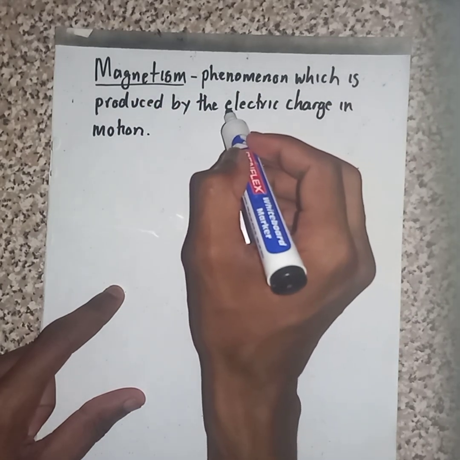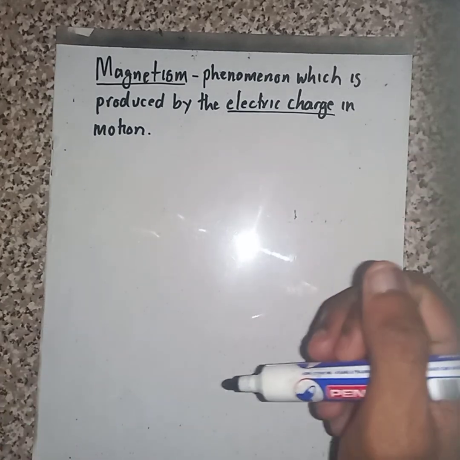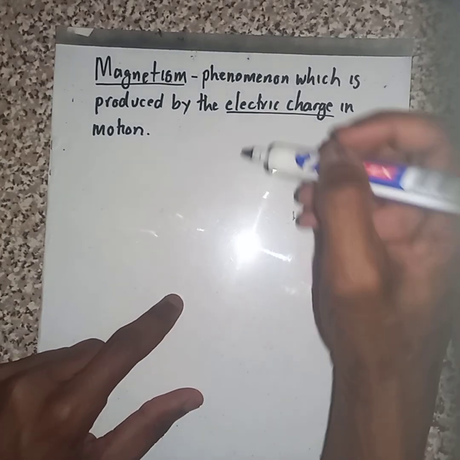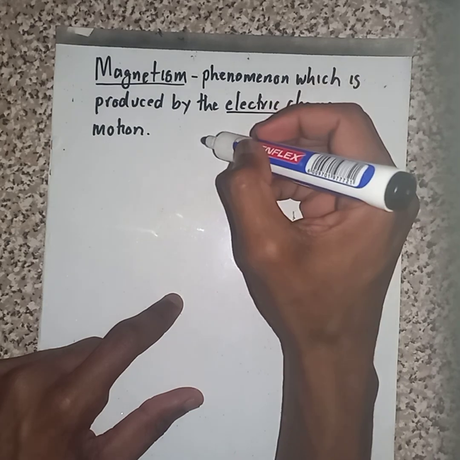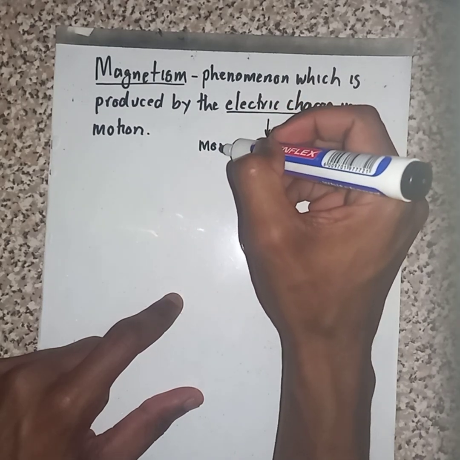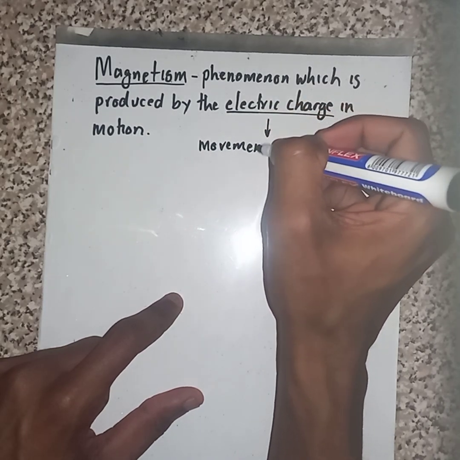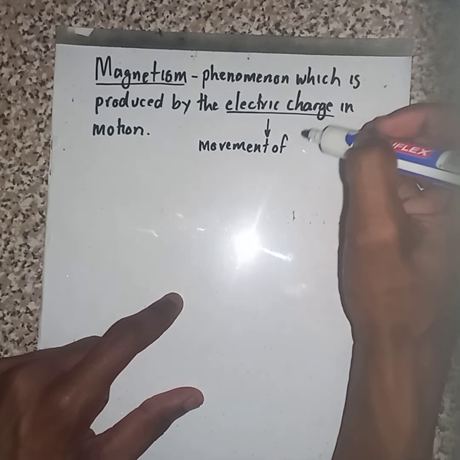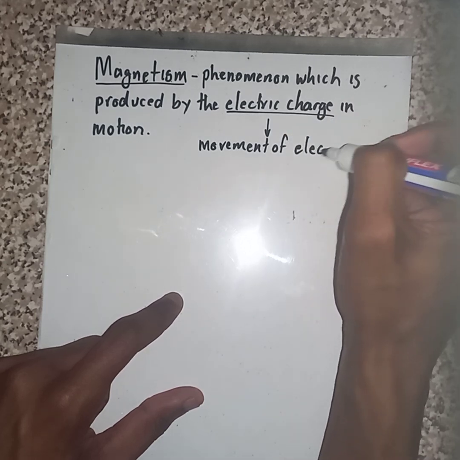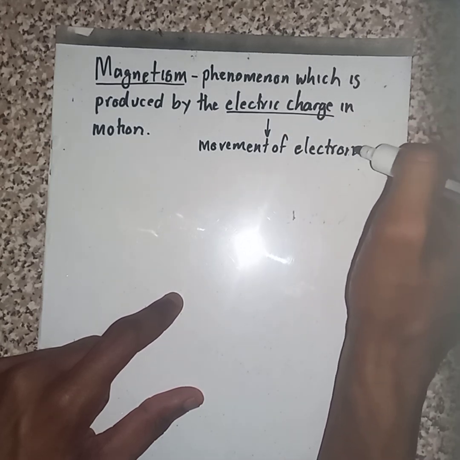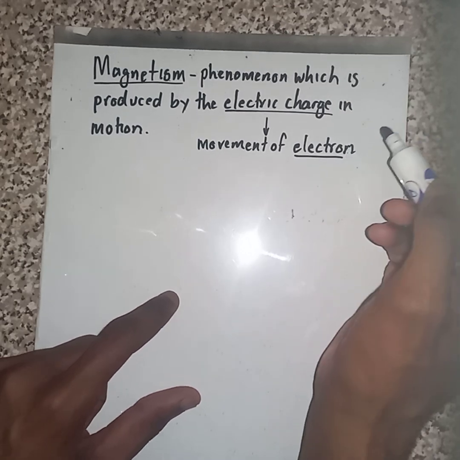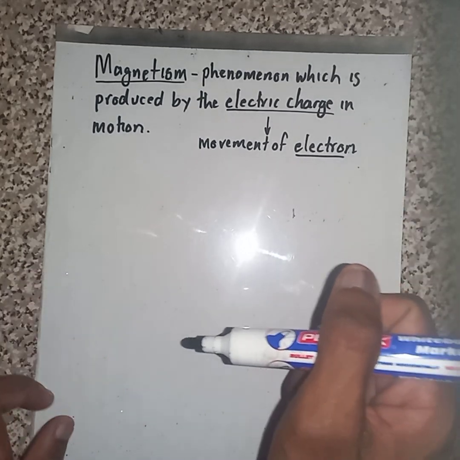You see, the term electric charge in this context refers to the movement of electrons. We know that electrons, they are negatively charged.